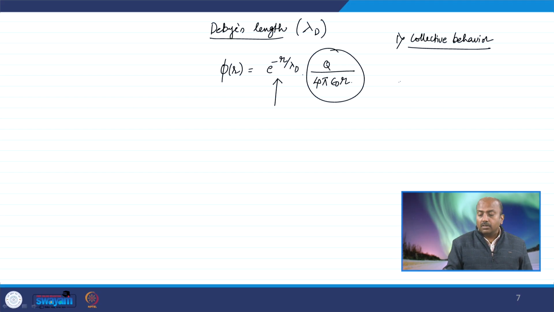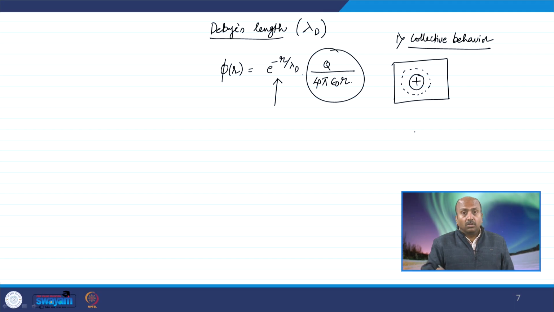So what will happen is, if you have a positive charge kept inside the plasma, a cloud of electrons will surround this positive charge, and because of this negative charge concentration around the positive ion, the effect of this positive charge cannot be felt, or this positive charge becomes invisible for any point in plasma beyond this cloud.